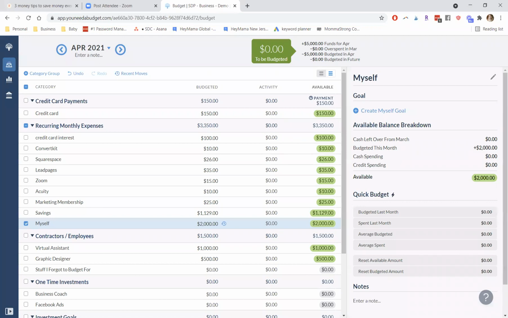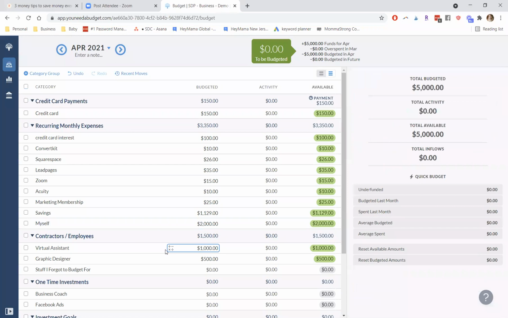No, no, no. But also, guys, here's the most beautiful thing about You Need a Budget. And this is why I was able to create a 6 month savings account when I could never save in my life. I was terrible at saving. I could never save. And I always carried credit card debt.